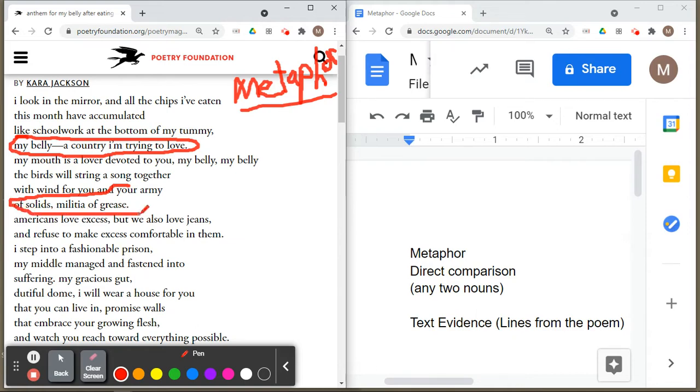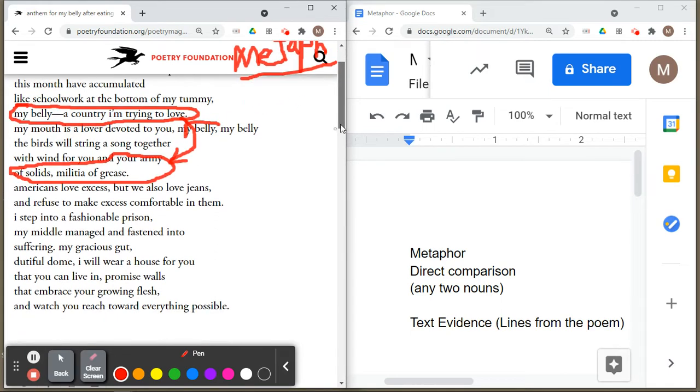And I'm thinking, could that also be referring to the belly? That perhaps it's really the belly that has an army of solids, a militia of Greece.